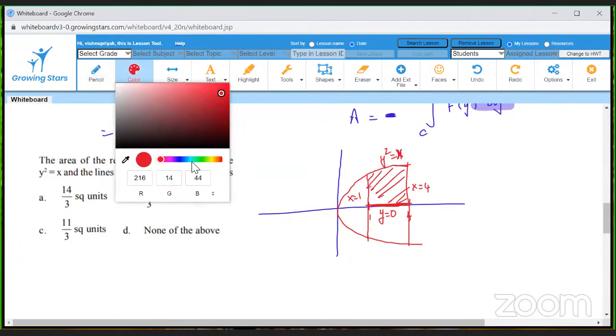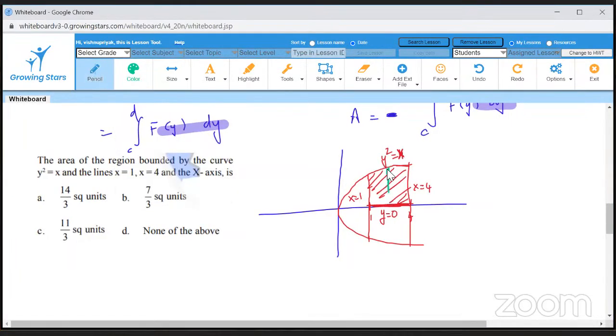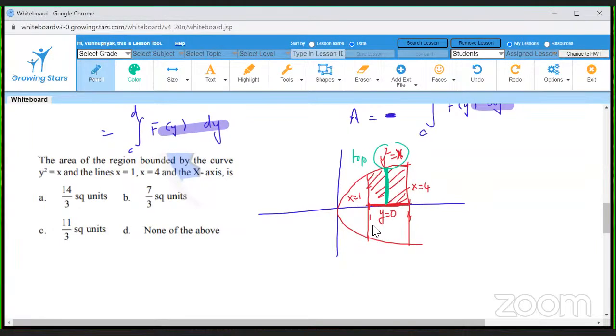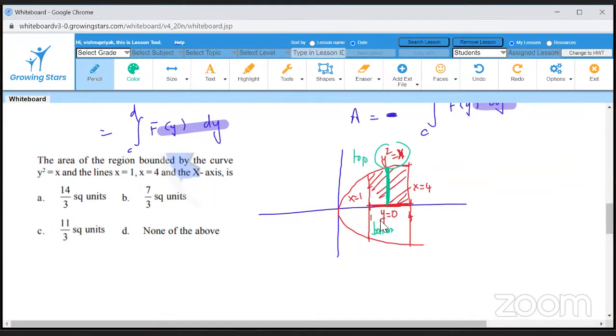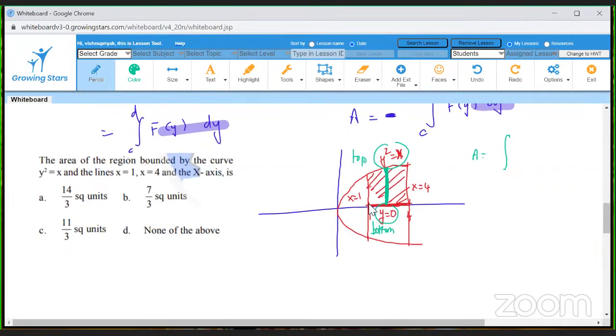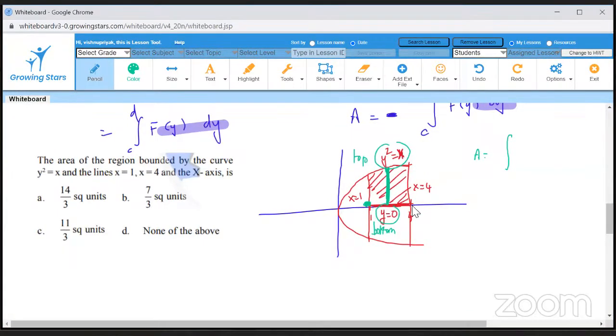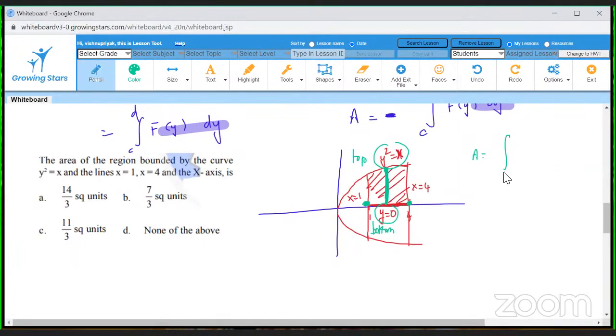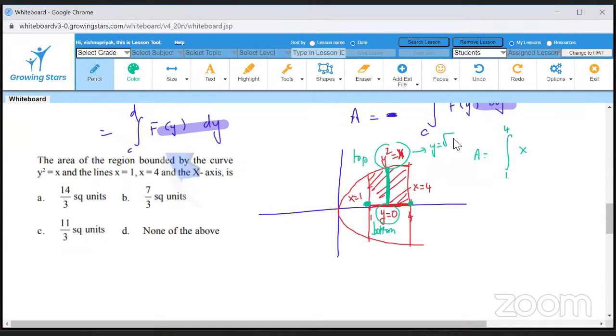Now you have to find the area. So clearly, because they said x-axis, draw a line perpendicular to x-axis. The top equation is this, and the bottom equation is this. So when you find the integral, the shaded region is starting and ending at 1 to 4. So top, but y square equal to x. What will be y? Square root of x.